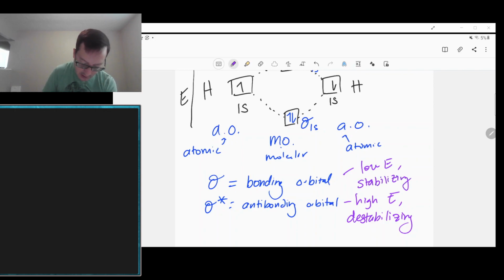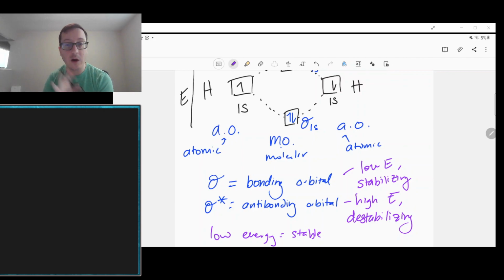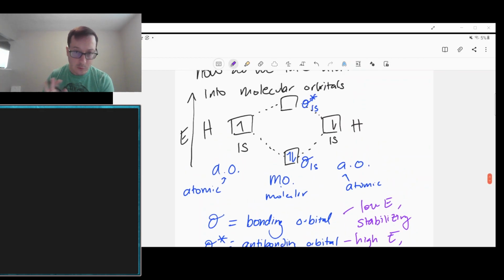Remember, low energy equals stable, relatively speaking. So everything wants to be low energy, and they do that by forming bonding orbitals. We see that some molecules simply will not form because there's too much anti-bonding happening, and they would just destroy themselves. We'll take a look at that later.